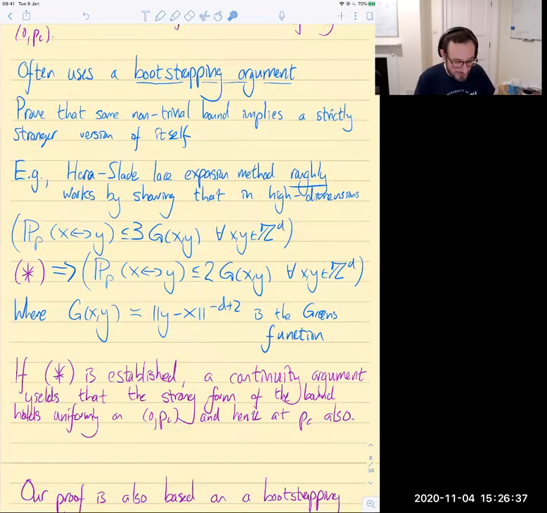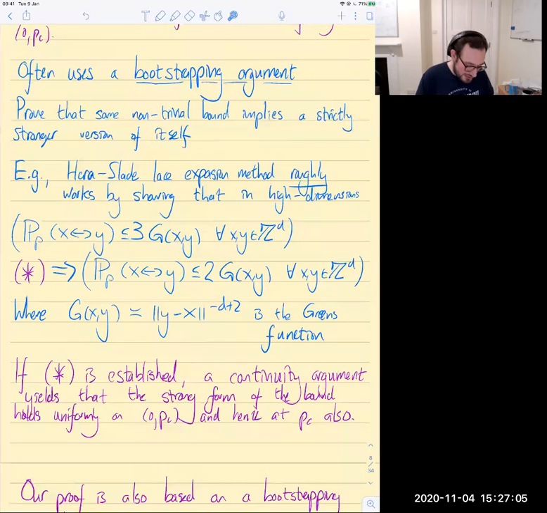But if you can prove this, that this bound with a 3 implies a bound with a 2, then in fact you can deduce by continuity that the strong form of the bound with the 2 holds uniformly on the whole subcritical interval. And basically the reason why is, well, you have to be a bit careful because of the quantification of infinitely many things, but it's basically a continuity argument.